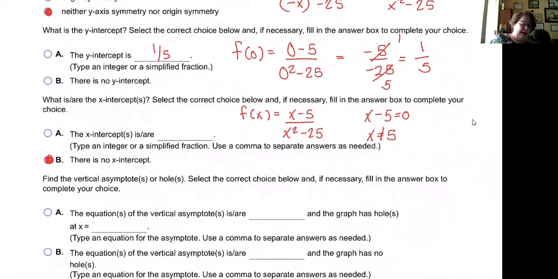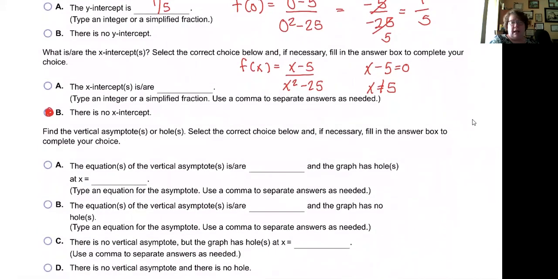All right, so the next part is to determine the asymptotes. And to determine a vertical asymptote, you have to factor this function and cancel any common factors. The denominator is one of your special products. It's the difference of 2 squares.